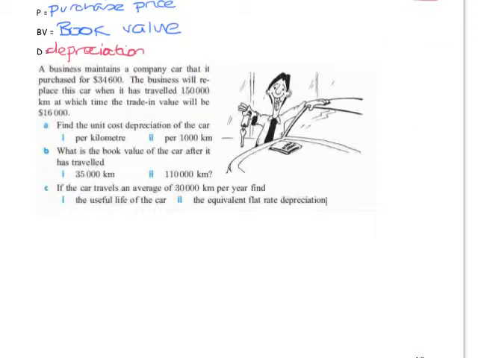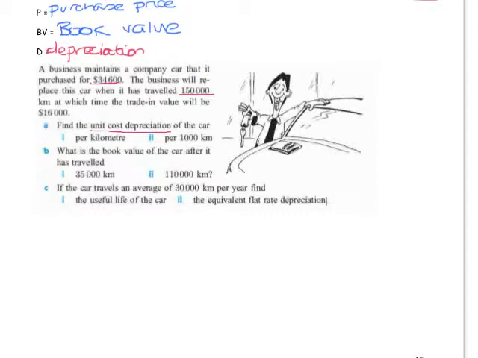Now in this example, we've got a business that maintains a company car that is purchased for $34,600. The business will replace this car when it's travelled 150,000 kilometres, at which time the trade-in value will be $16,000. So we're trying to find the unit cost depreciation of the car per kilometre.